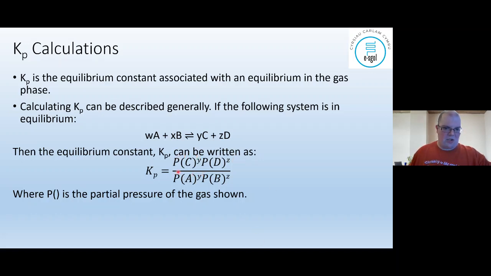Okay, so partial pressure of C raised to the power Y and partial pressure of D raised to the power Z. So it's again products over reactants raised to their powers.